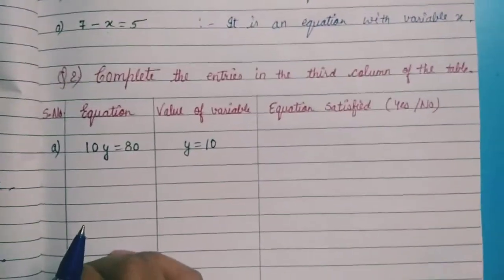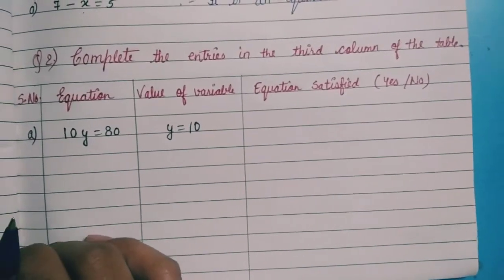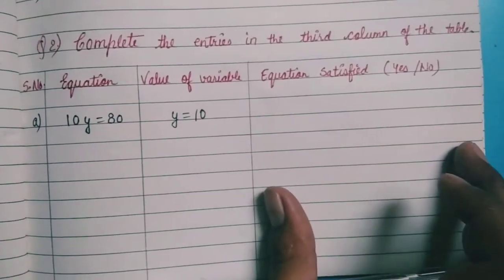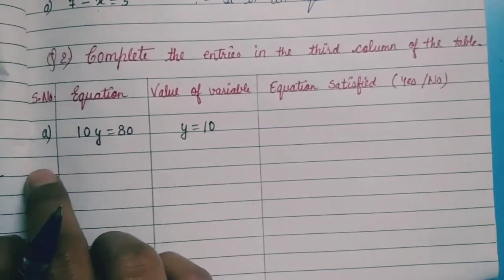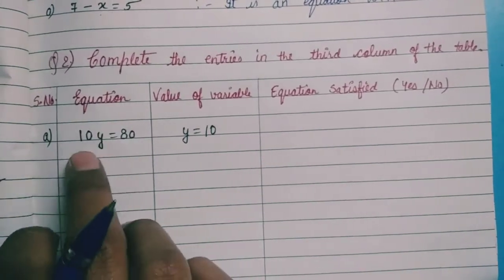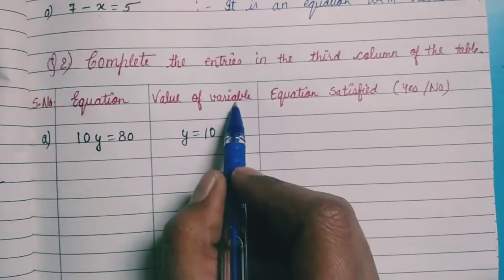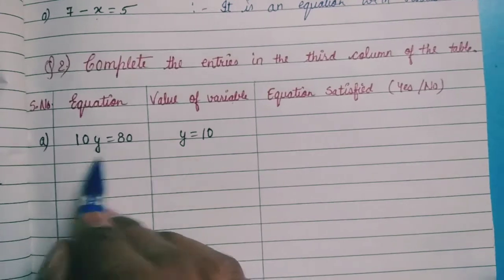Question number 2 is complete the entries in the third column of the table. Okay, we have to fill this third column with yes or no. Its serial number is A. First equation is 10y is equal to 80. The value of variable, it means whatever the variable in the equation.